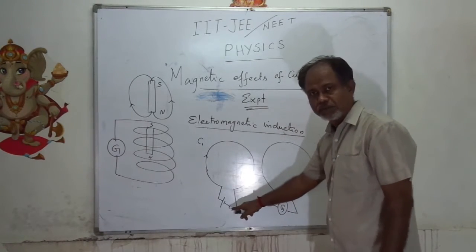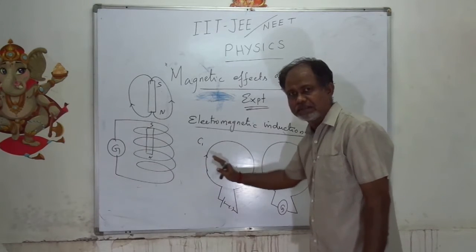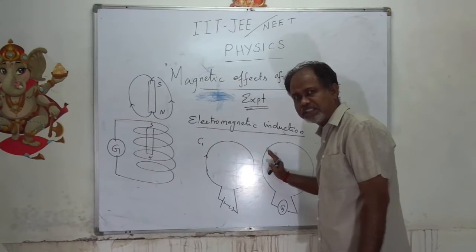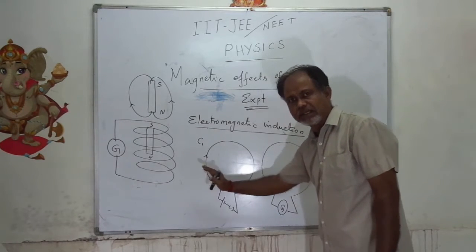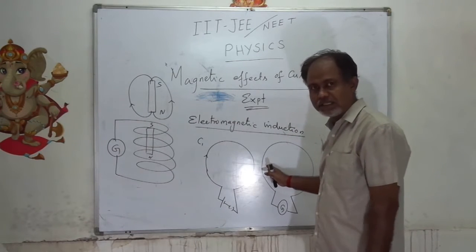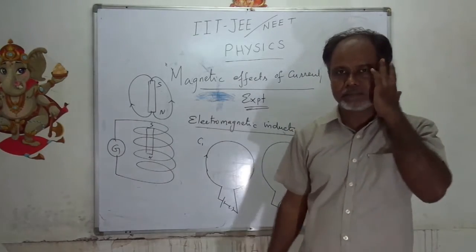Then next, switch off. Switch off means the current decreases, and the magnetic flux linked with this coil is withdrawing. Here also there is a change in magnetic flux, EMF is induced, current flows, and the galvanometer deflects. Understand?